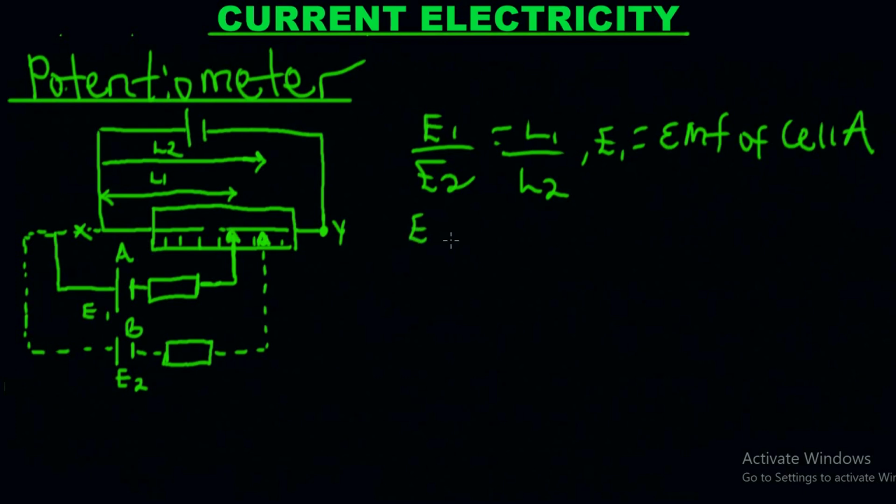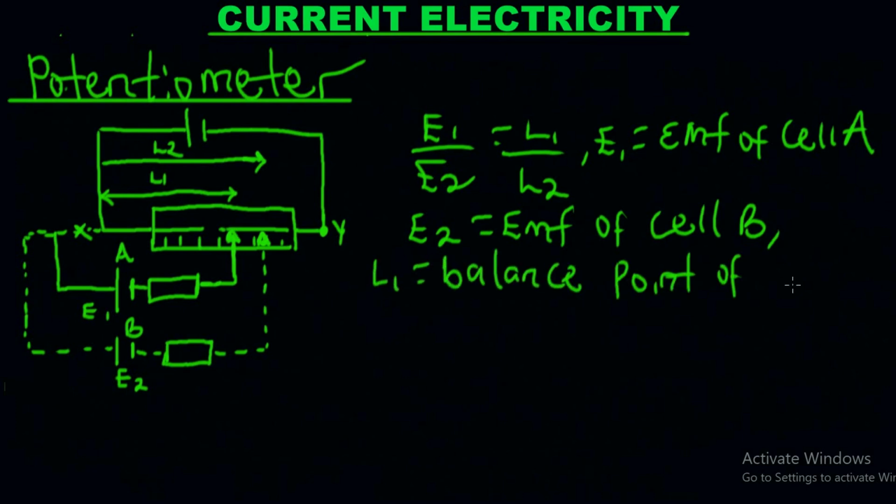Then E2 is equal to the E.M.F of cell B. Then we also have L1, which is the balance point of cell A, and L2, which is the balance point of the second cell, that is cell B.